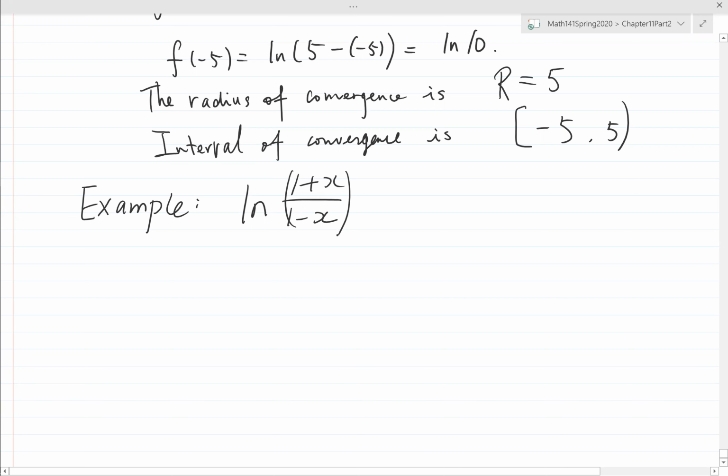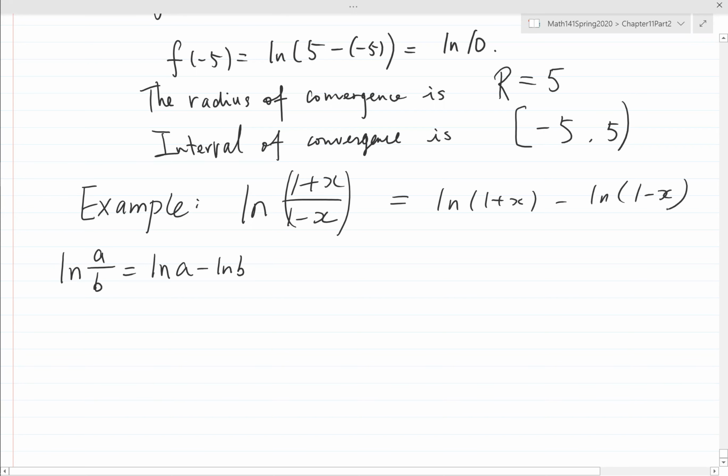Use the property of ln: ln(a over b) is ln a minus ln b. So we can write this as ln(1 plus x) minus ln(1 minus x).